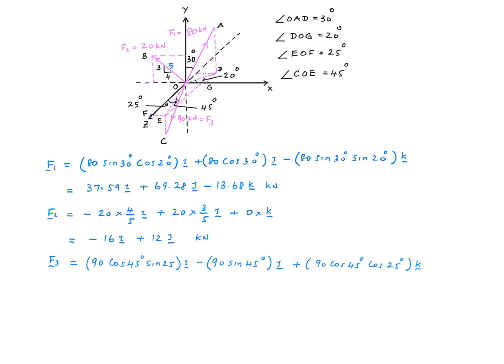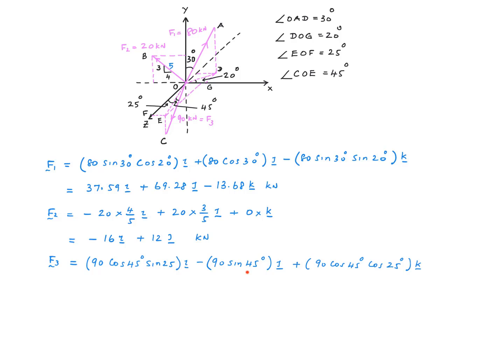Here is the component form of F3. First, we consider the right triangle OEC and recognize that this angle is 45 degrees and this is the hypotenuse, which is 90 kilonewton. 90 sine 45 gives you this distance from E to C, which is the negative part of the y component of the force. So that's what I have over here.